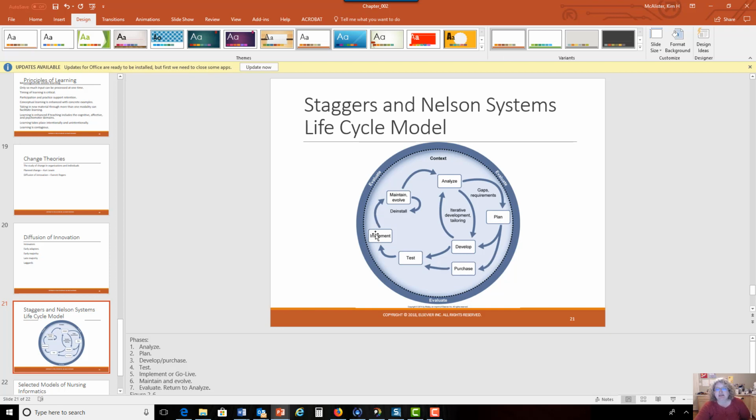That's because once you implement a change and go all the way back and evaluate it, you never go back to the very beginning. The organization will have grown and developed and changed because of this particular information life cycle. So it's going to start back again at a different place than where it did at the beginning. And so this will go on and on.